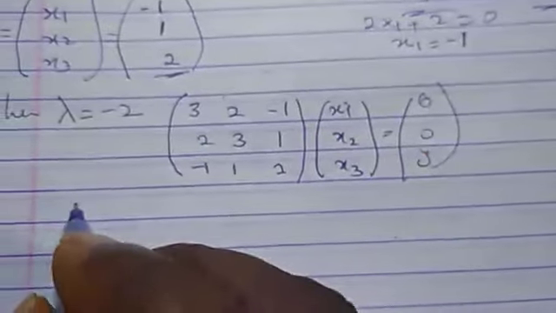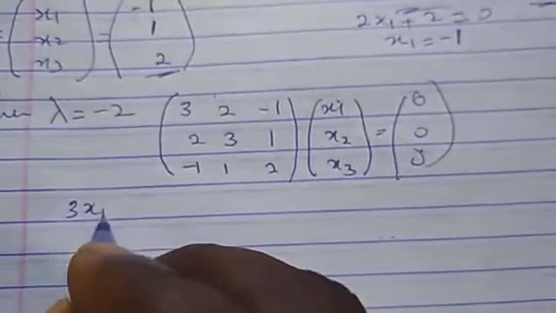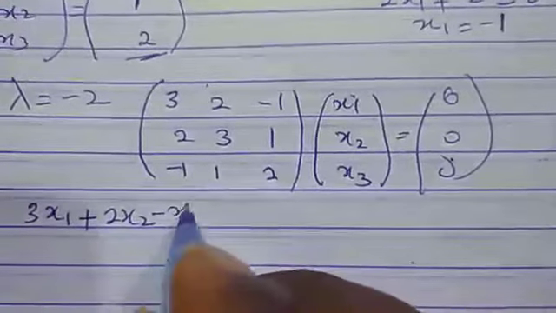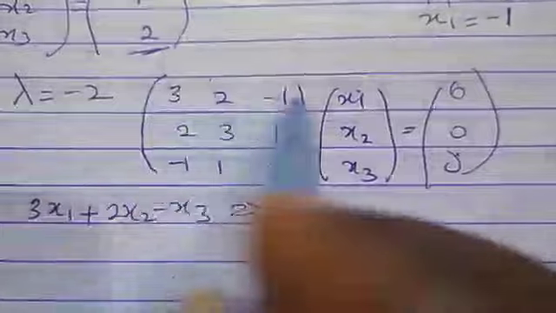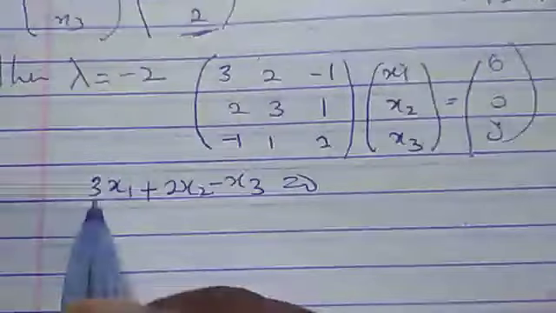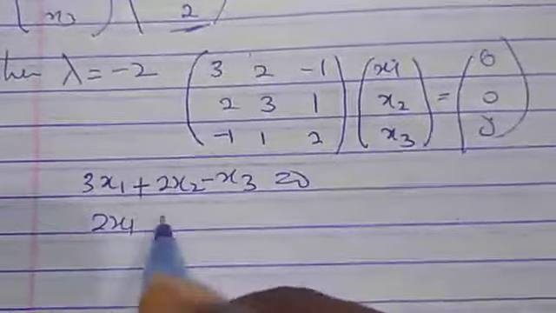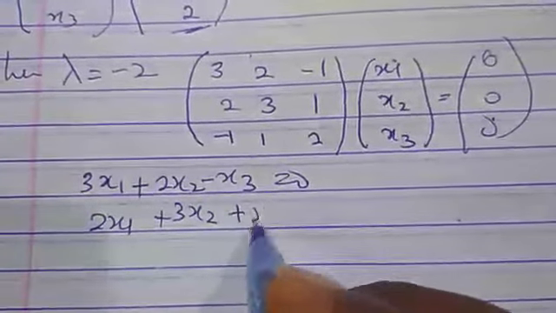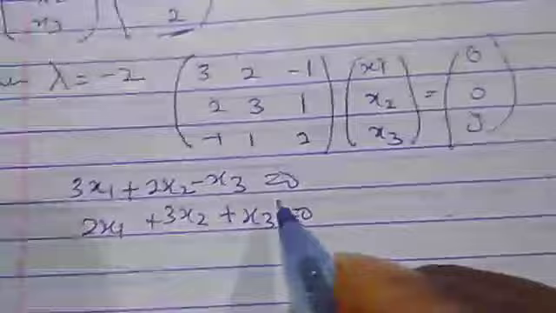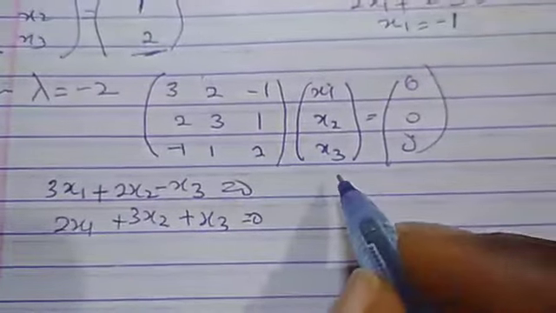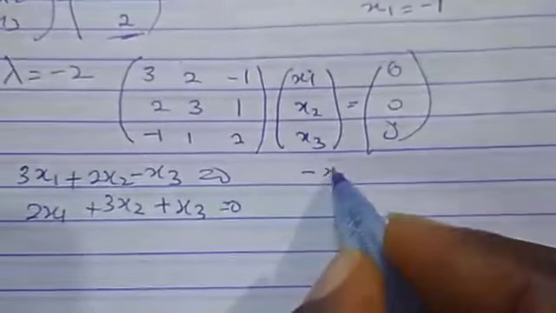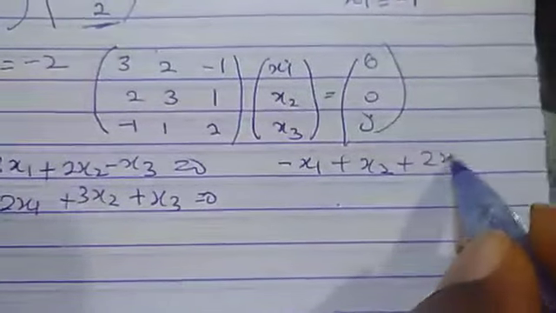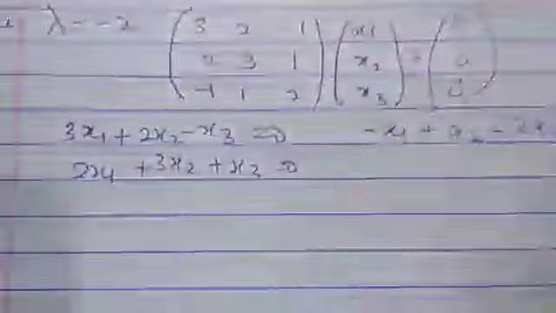When we expand this, we are going to have 3s1 plus 2s2 minus s3 equal to 0. The second one too, we have 2s1 plus 3s2 plus s3 equal to 0. And the third equation will be minus s1 plus s2 plus 2s3 equal to 0.